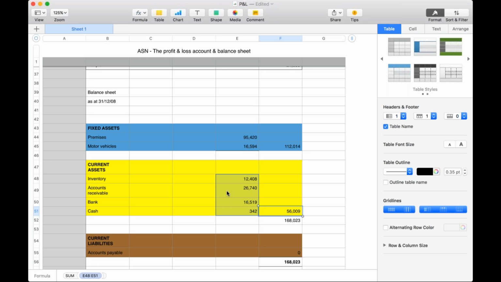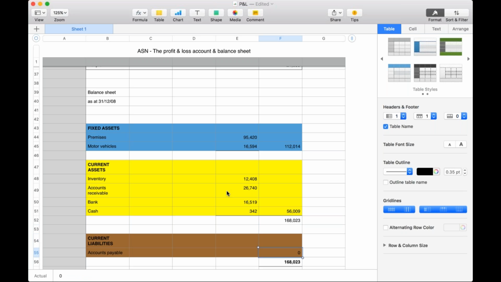So those four come to 56,009. So we've then got another figure there, which is adding up the fixed assets and the current assets. So our total assets, if you like, so you could almost say the top half of our balance sheet, all the things that we own, come to £168,023. So that's the total of our assets in the business.